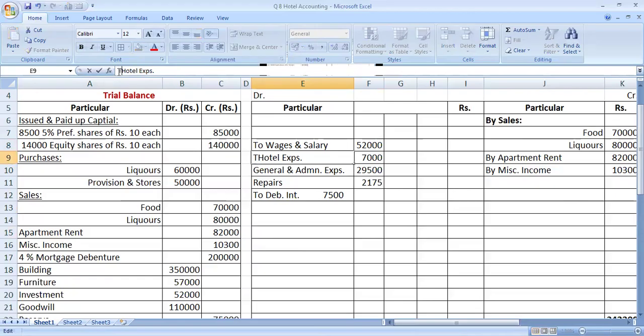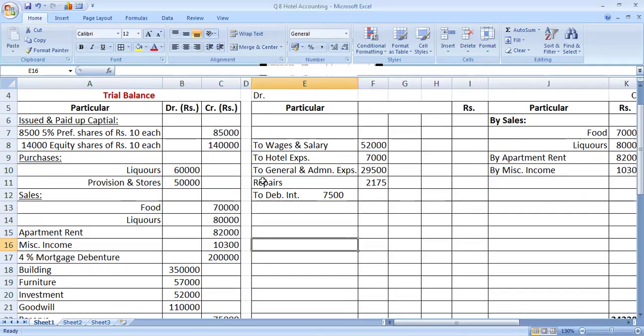To hotel expenses account 7,000. To general and administration expenses 29,500. To repairs 2,175. These are all final amounts, hence will be taken in the last column.